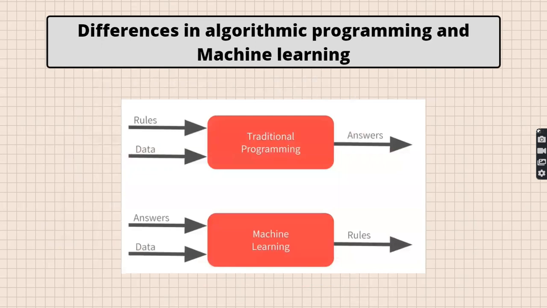Here we have a chart which represents the distinction between traditional programming and machine learning. The first chart shows us that in traditional programming, we give the exact rules, like we write an algorithm, and we give this algorithm input data, and we get some desired answer.